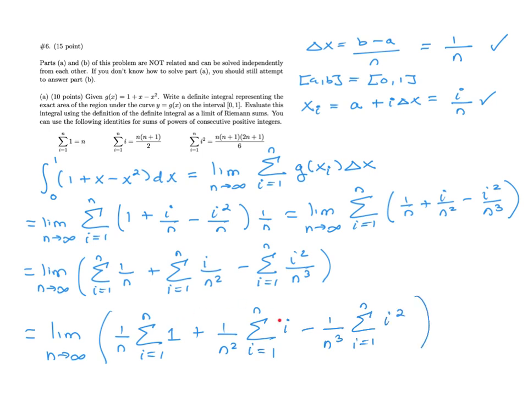I have a 1, an i, and an i squared. Therefore, I can replace each of those using these formulas. This I'll replace with n. This I'll replace with n times n plus 1 over 2. And this I'll replace with n times n plus 1 times 2n plus 1 over 6. I'll do that on the next slide.